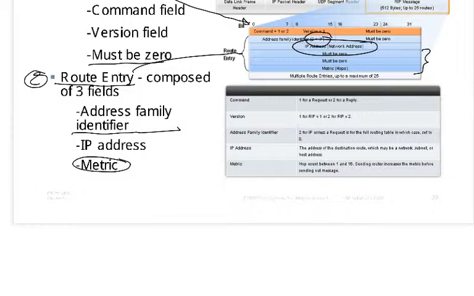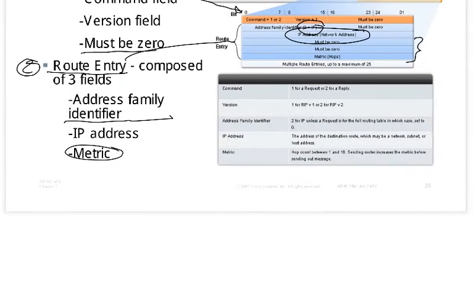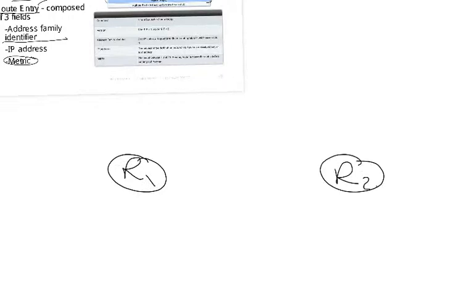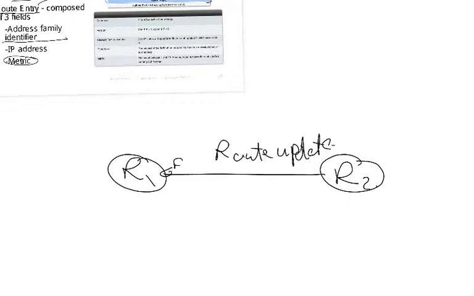So for example, we have two routers like this. This is router 1 and this is router 2. Router 2 sends a route update, and this is its interface, let's say S001 or whatever.